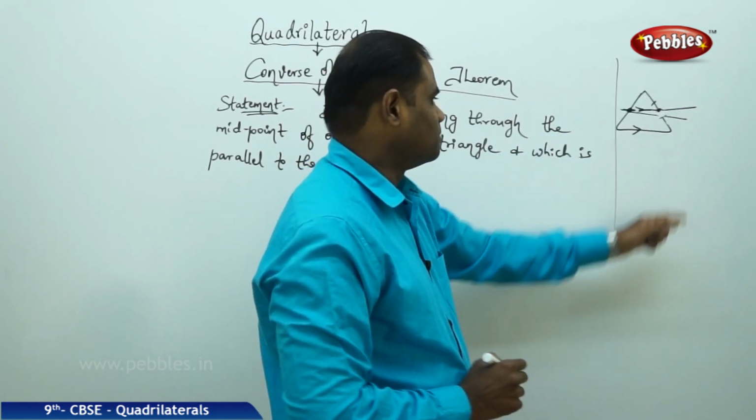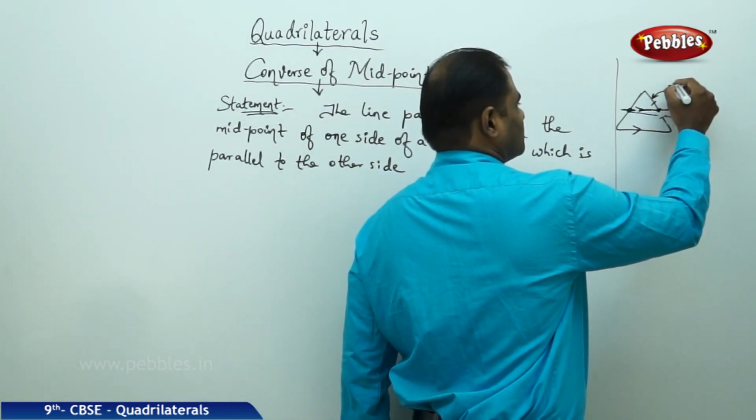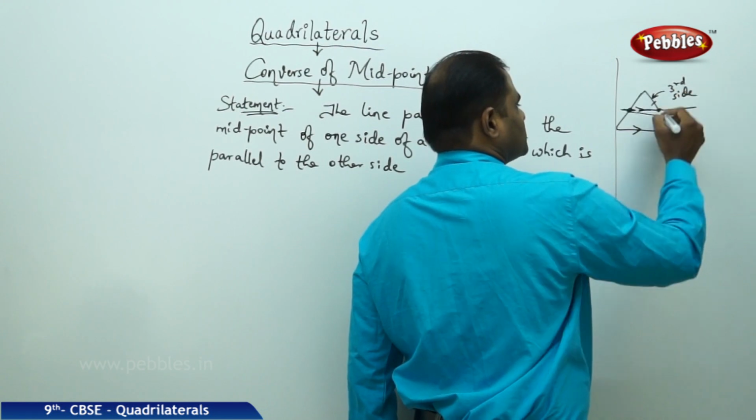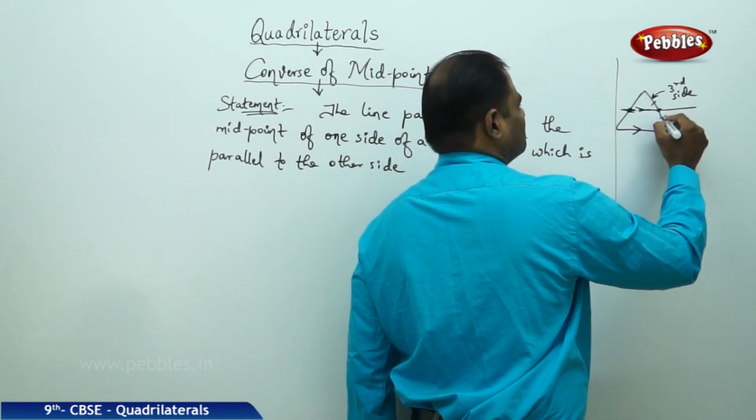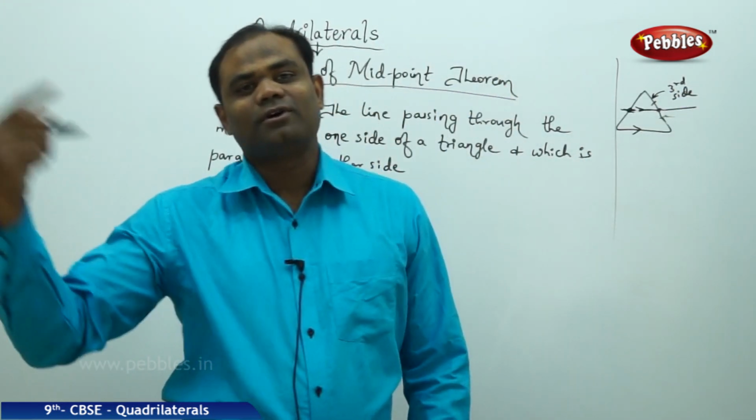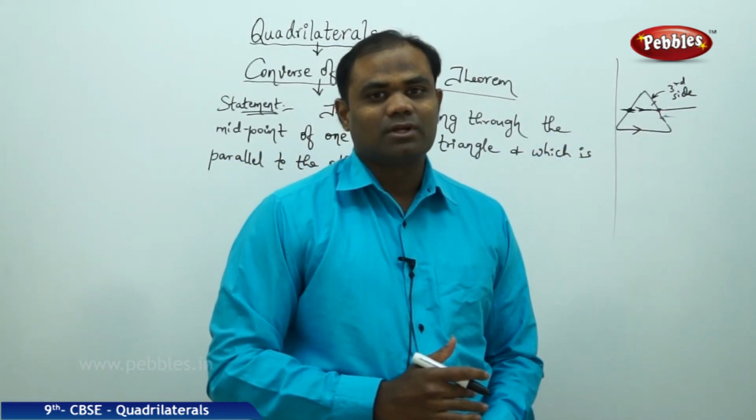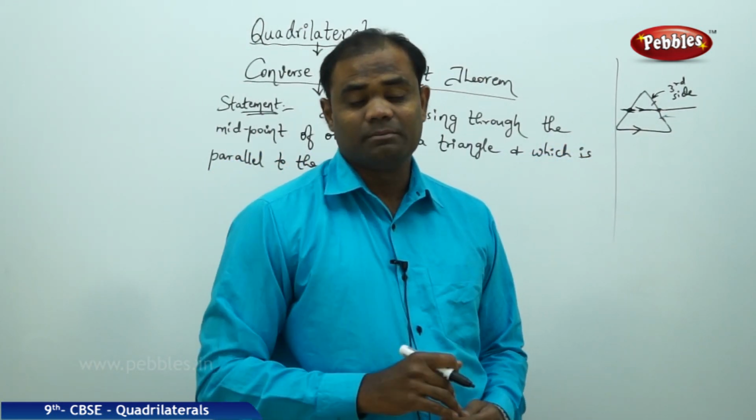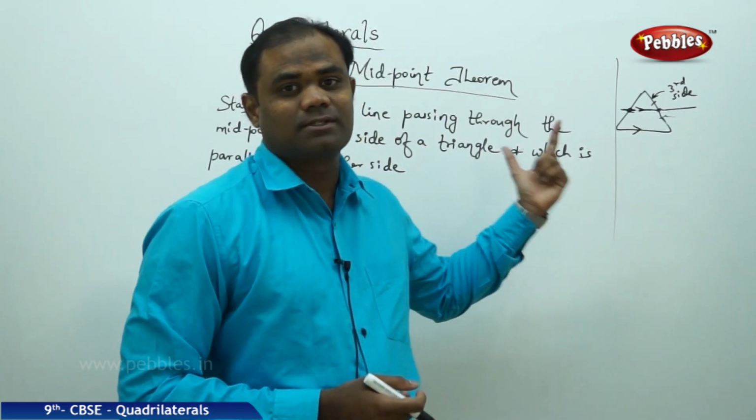That is, this comes out to be the third side, and this line, which is parallel, must pass through the midpoint of the third side. There's no other way. The line cannot escape the midpoint, is how the converse states.